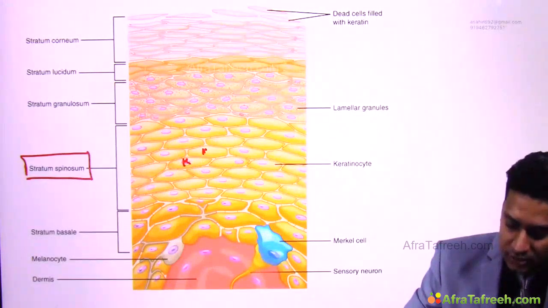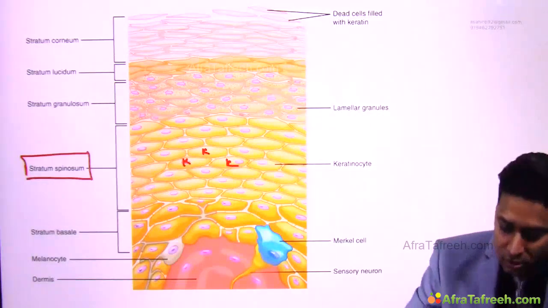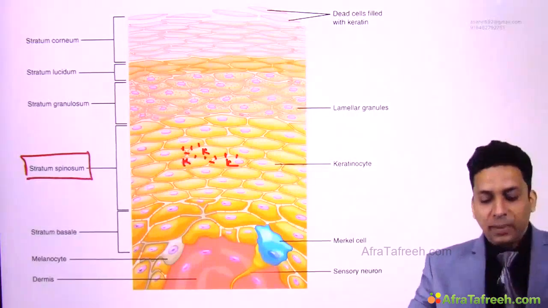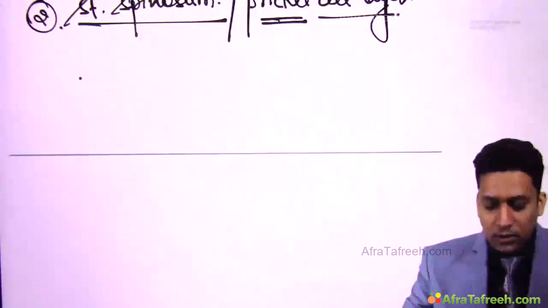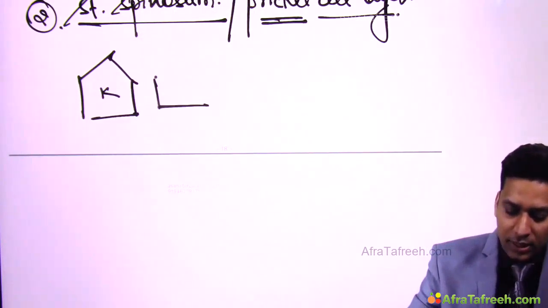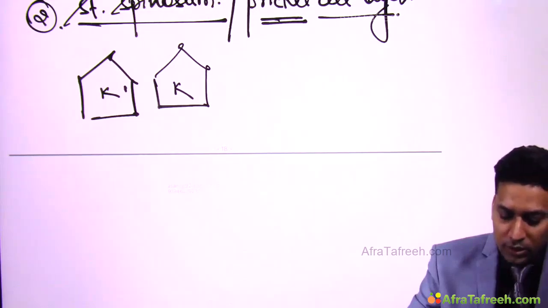These are the keratinocytes present here, and if you look at their surface closely, you will find these spine-like processes. So what are these spine-like processes? If this is a keratinocyte and this is another keratinocyte, both are attached together via desmosomes.